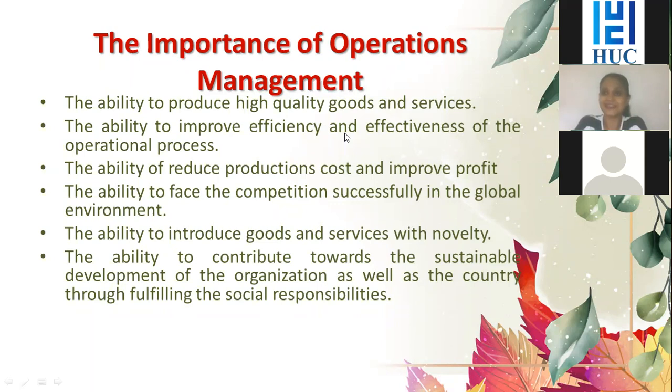That means we can get an output using very limited resources, and also we can take decisions effectively. We know what to do and at what time. And finally, we can improve the profit and reduce our production cost.